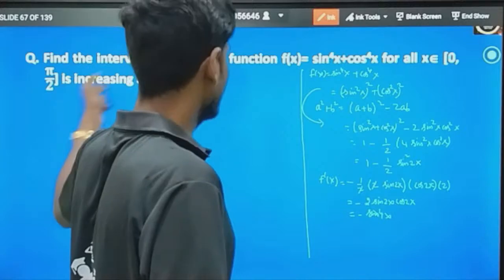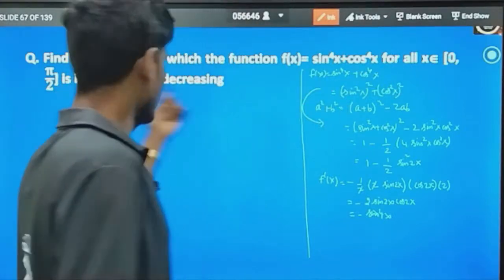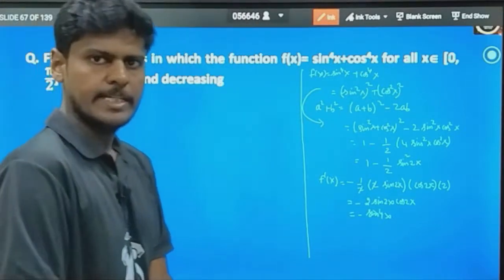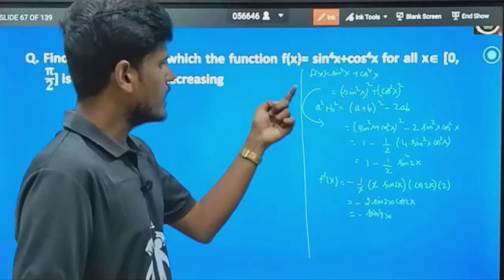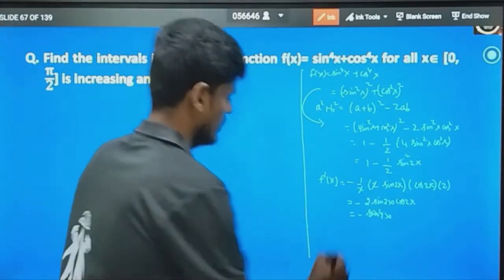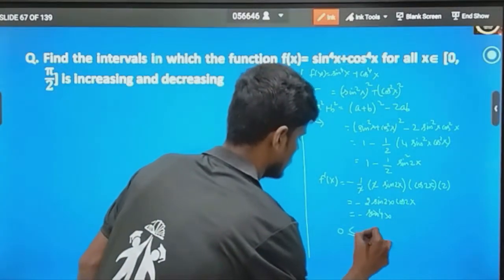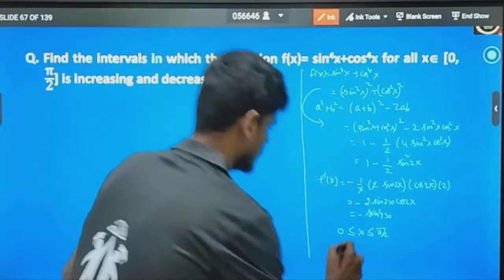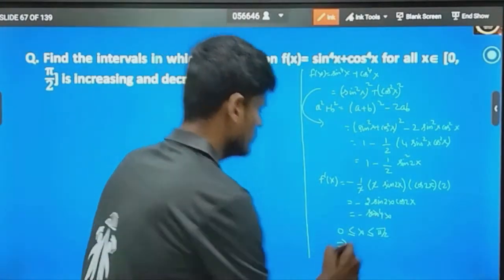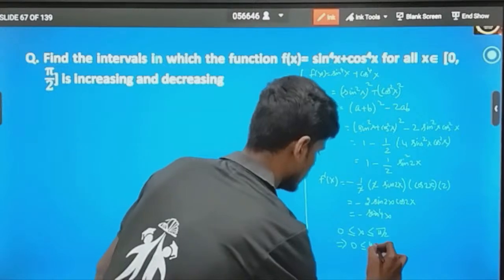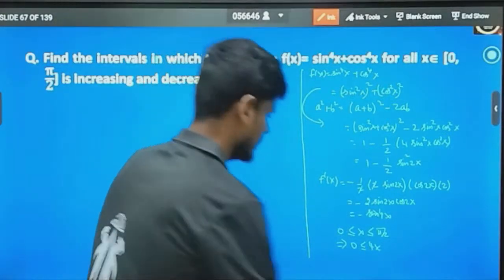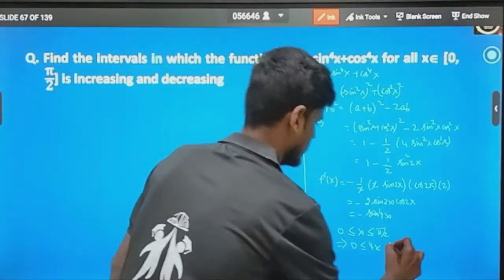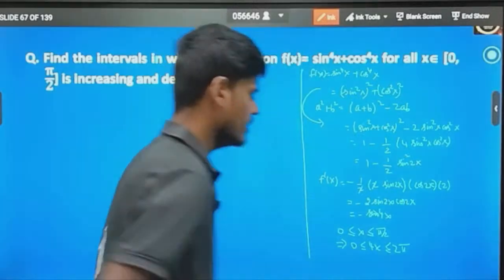Now what we need to see? Between 0 to pi by 2, what is the interval in which it is increasing or decreasing? So x belongs to 0 to pi by 2, which means 4x will belong to 0 to 2 pi.